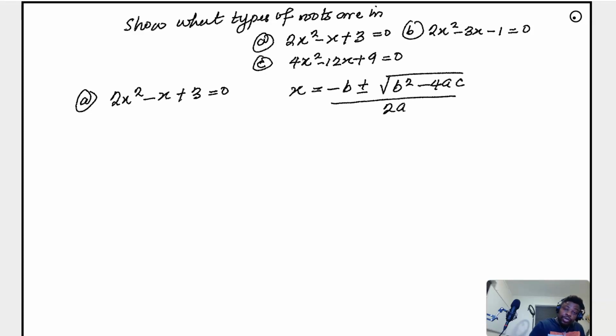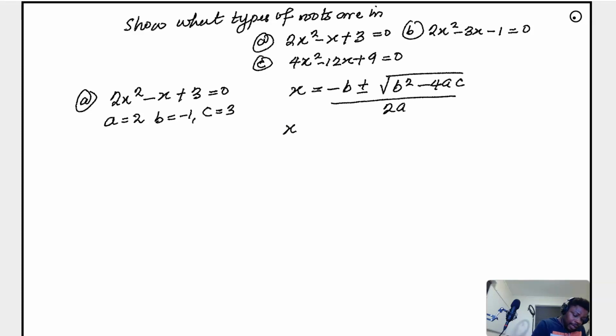Remember, I've shown you that this one is the first one, which is complex and not real roots. But I just want to show you why it is complex. Okay? So, our a is 2, our b is minus 1, and our c is 3.